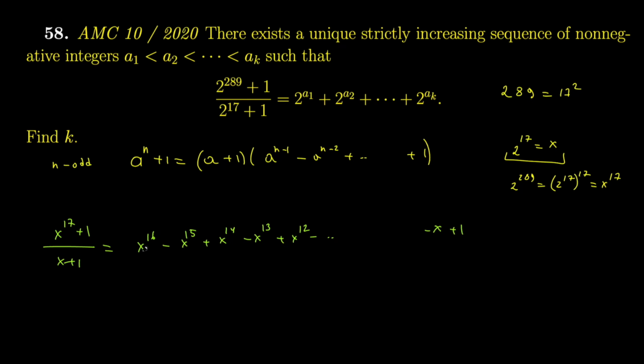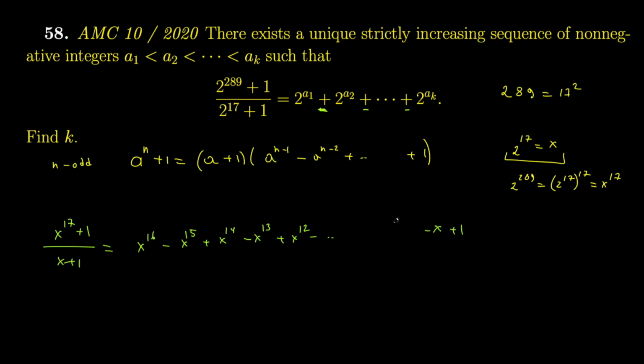Since x is 2 to the power 17, if I replace back, all these terms are powers of 2. But the issue is the expression here is all positive, but in our case, we have negative signs somewhere over here.